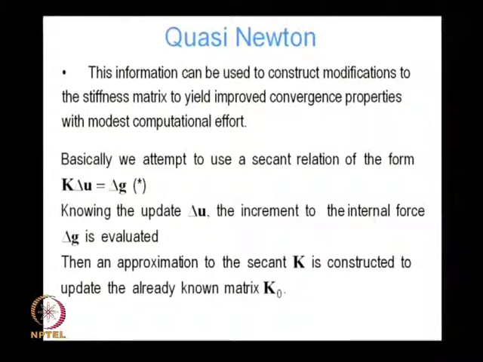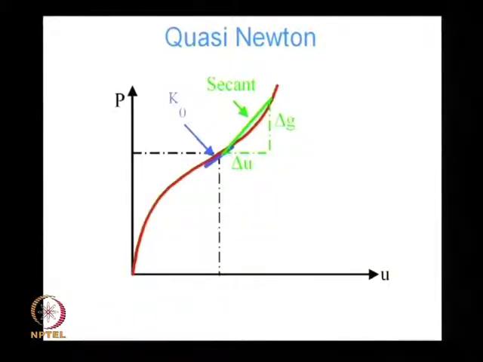I think that is better explained by this little picture here. Suppose this is my converged state. So, this is my force, and that is my displacement at a certain converged state. I have to go from here to the next converged state, right. Suppose I have gone from here to here using a number of iterations, or let us suppose in one iteration itself.